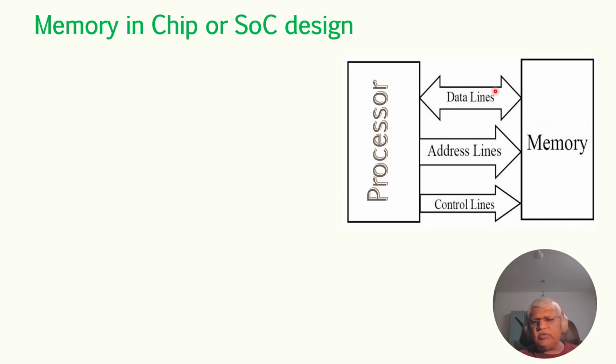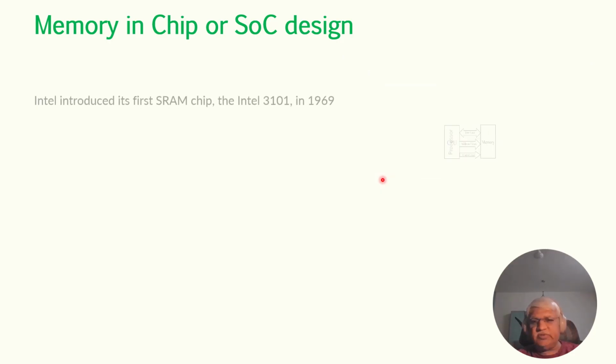This is how memory data will be written or retrieved by the processor. This memory can be external to the processor or within the chip. This whole memory element can reside along with the processor.